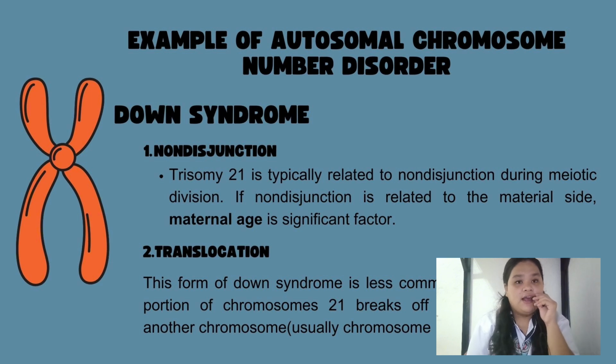Older mothers have a higher risk of giving birth to a child with trisomy 21. So, sinasabi dito na yung mga older mother is may possibilities or may malaking tsansa na magbibigay sila ng birth or they give birth to a child na merong trisomy 21 or merong Down syndrome na tinatawag.